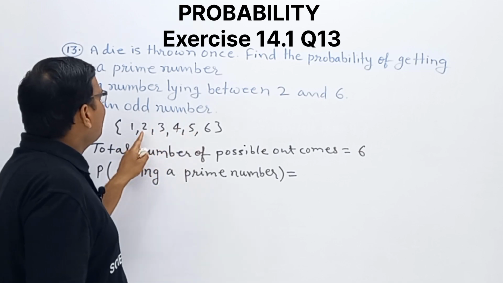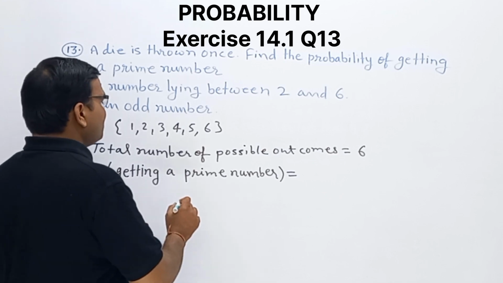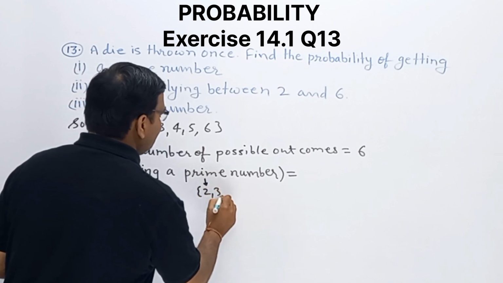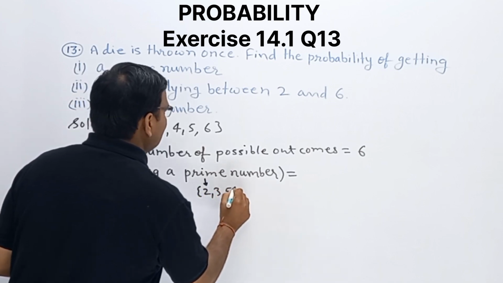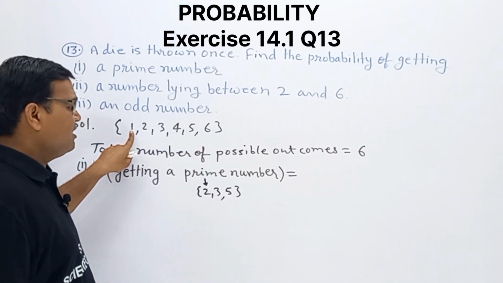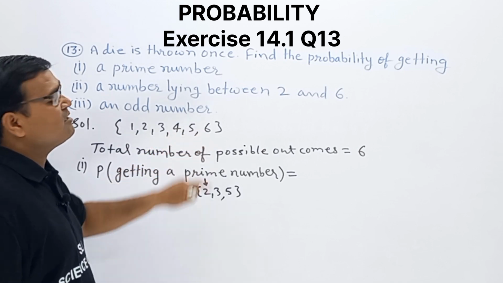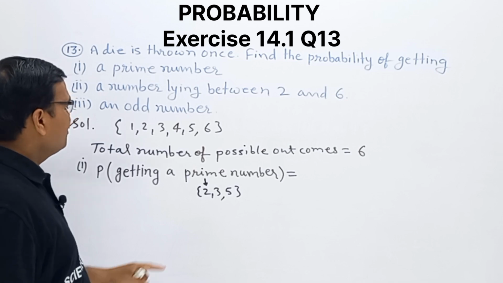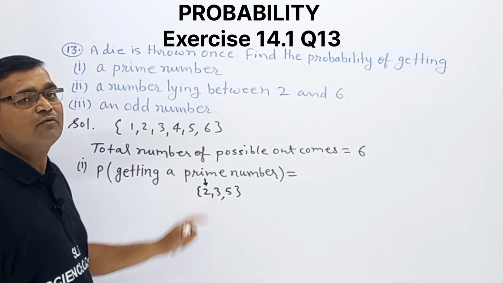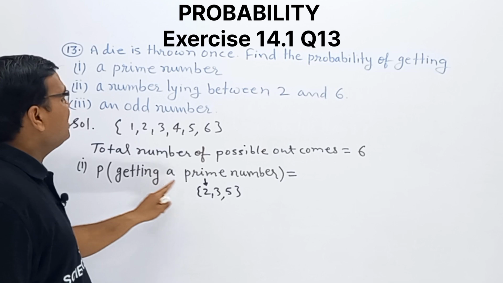So 2, 3 and 5 are prime numbers. 4 and 6 are not prime numbers because they have more than 2 factors. So 2, 3, 5 are prime numbers, and 1 is neither prime nor composite. Clear?